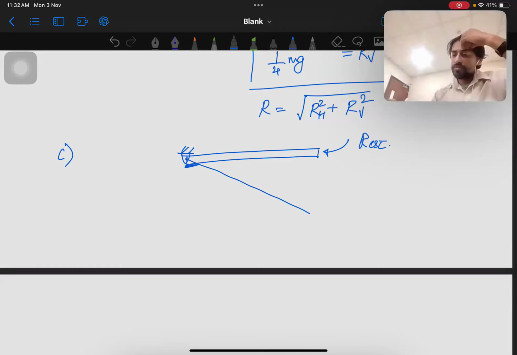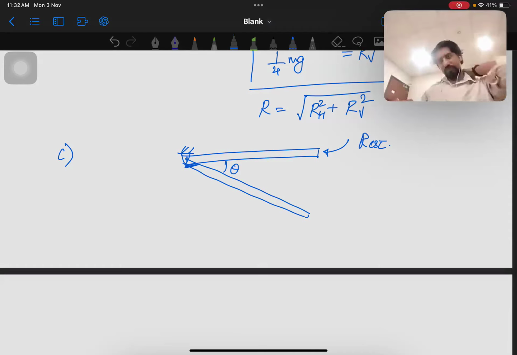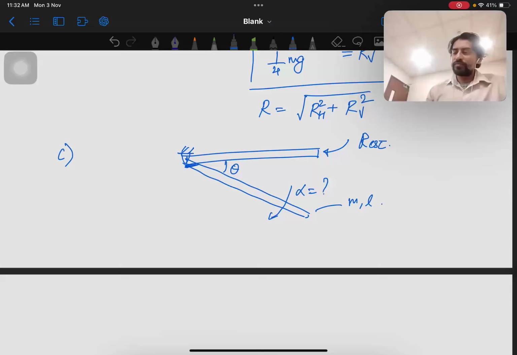So as it moves, let's say that now it is making an angle of theta this way. Fine. At this instant, what is the value of angular acceleration? Mass is m, length is l. Fine. Rest, it is released. Find the angular acceleration at this instant.